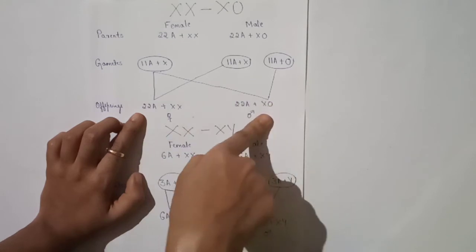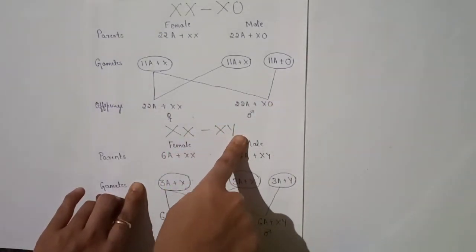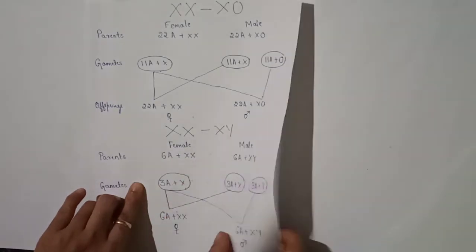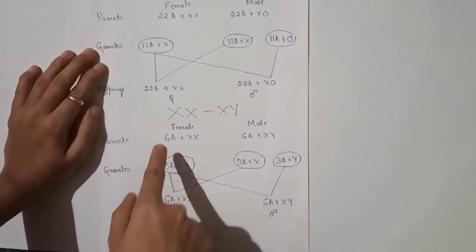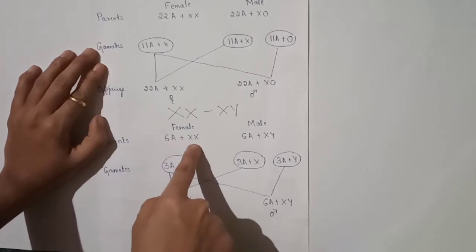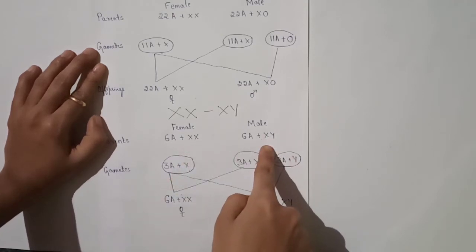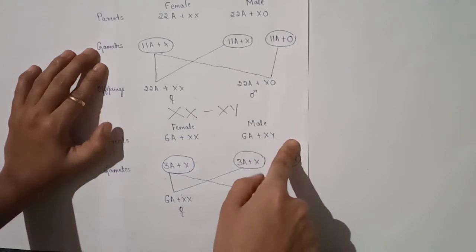Therefore, the genetic constituent of the sperm will decide whether the offspring is female or male. Next, the XY mechanism. I am taking the example of Drosophila. In Drosophila, the female consists of 6 autosomes plus XX allosomes, whereas the male consists of 6 autosomes and X and Y allosomes.